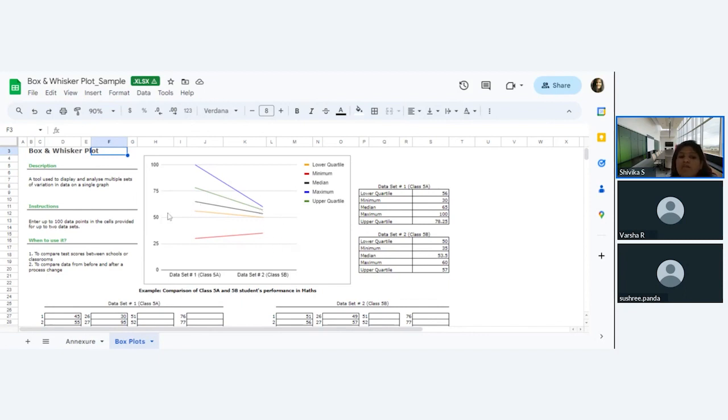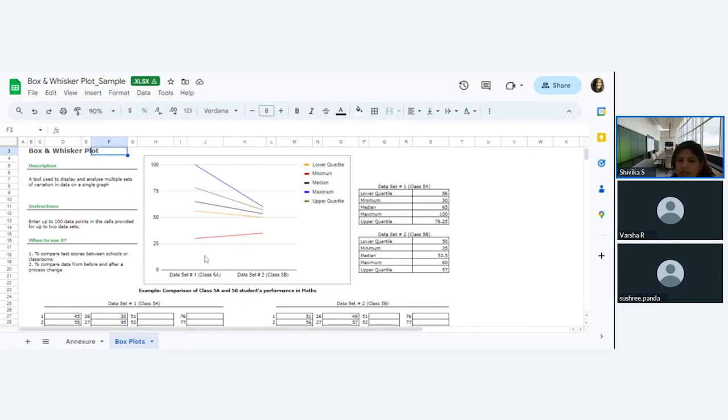If you see this black line, it's the median. So among 5A students, the students have scored somewhere around 60 or 65, but in 5B you can see the line is slanting down, and the score is comparatively less. So here the median, the average, is 55.